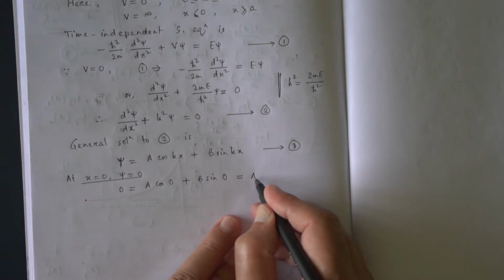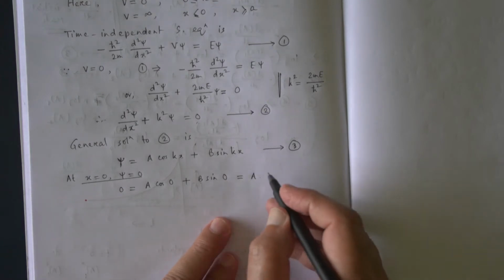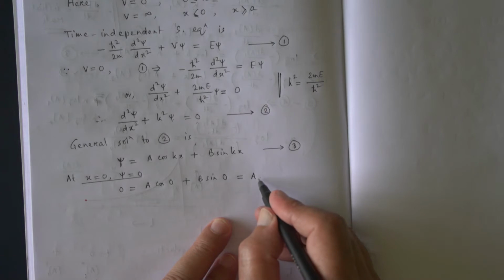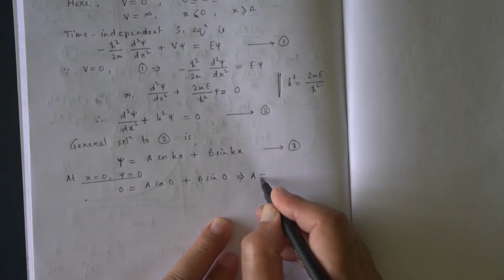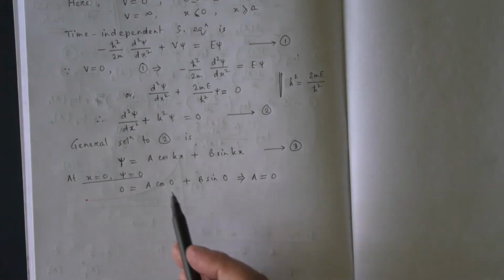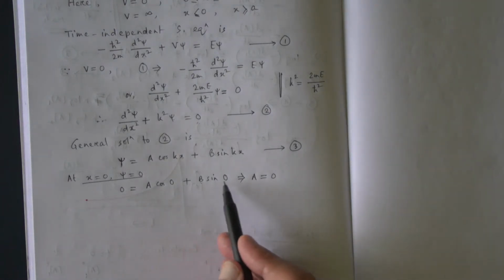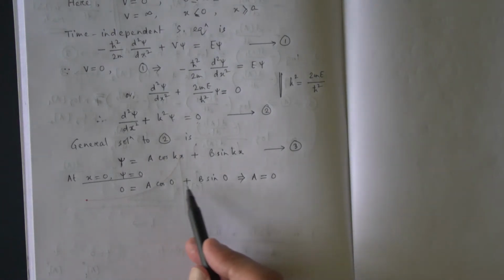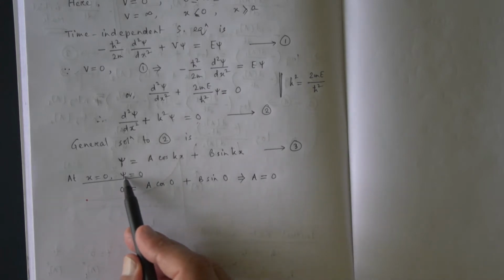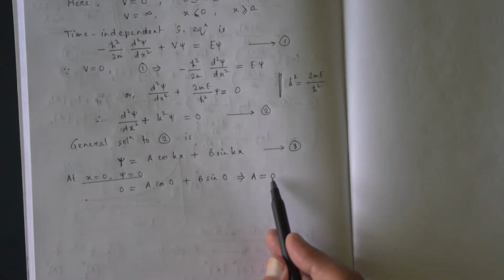Cos 0 is 1, sin 0 is 0, so we get a equal to 0.